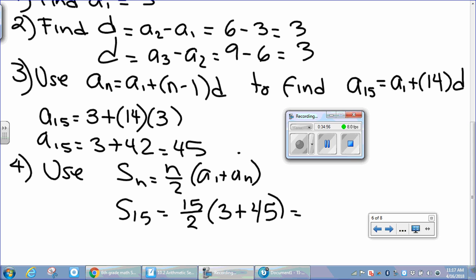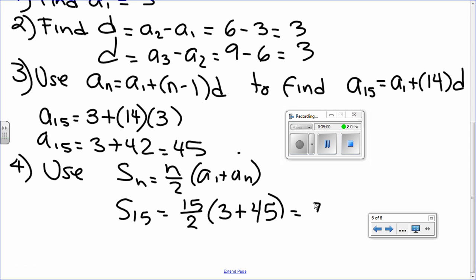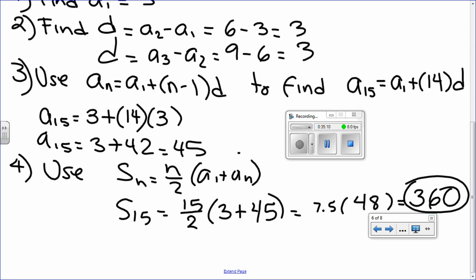So that will be 7.5 times 48. 360? And that was like the first 15 multiples of 3, right? You guys notice? 3, 6, 9.